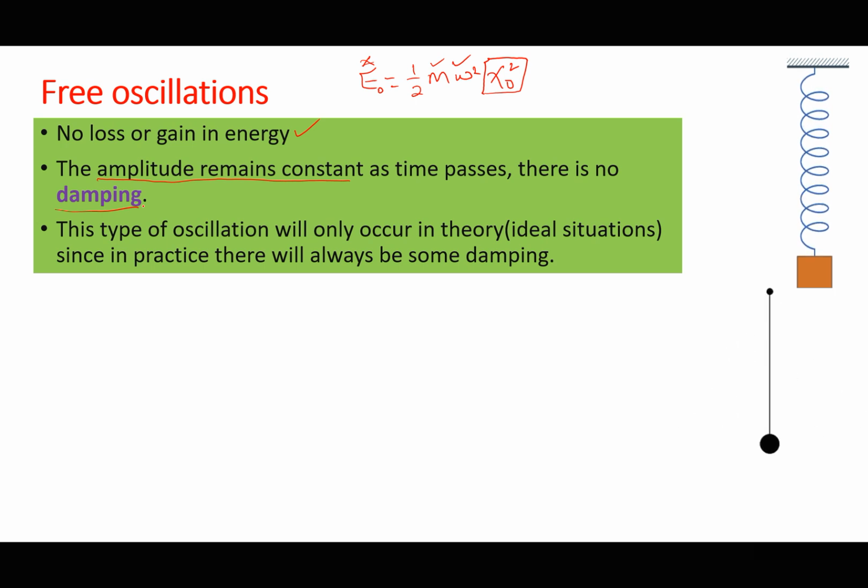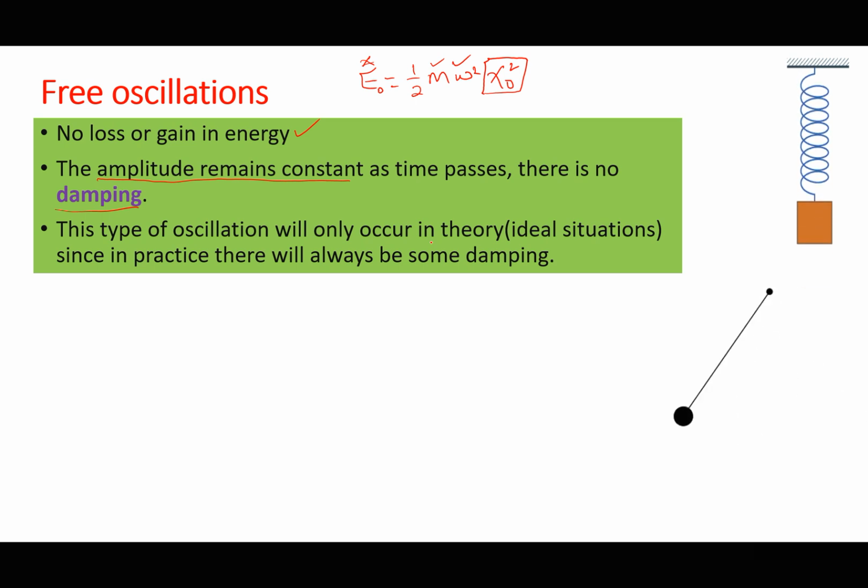So this type of oscillation will only occur in theory. That's why I said under simple harmonic motion that the systems we considered were simply approximating simple harmonic motion. They were theoretical. In practice, those systems could come to an end, and their oscillations would stop, because they were just ideal illustrations.